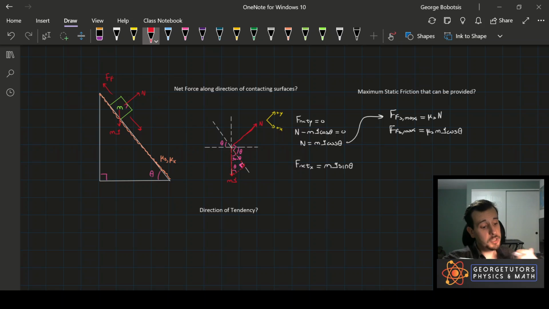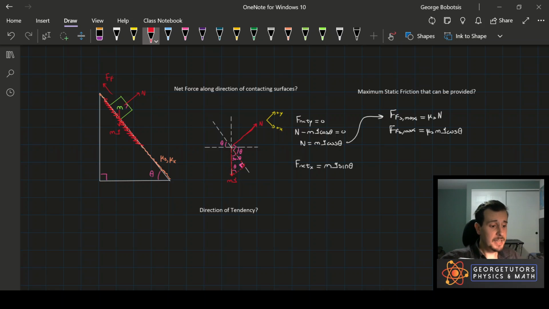And then, once you have the tendency and the friction figured out, you want to determine what is the net force excluding friction that acts along the surface that the two objects are contacting through. So in this case, the incline. You want to see what is that F net along that direction.